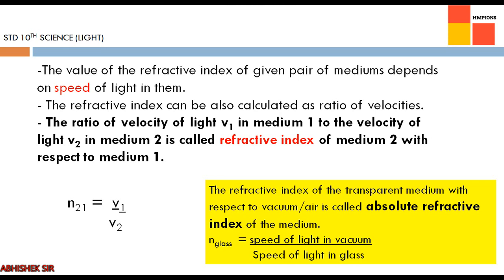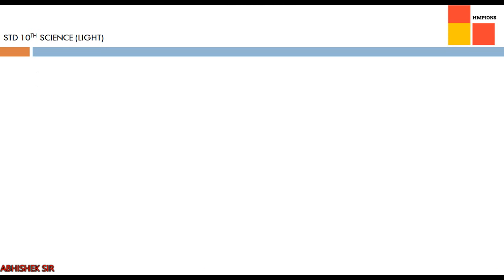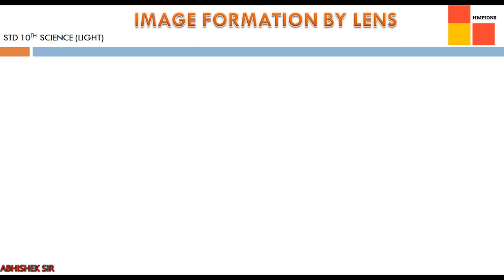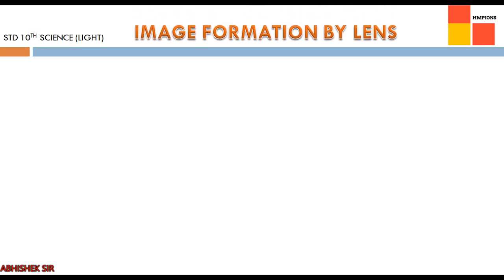So how to find the absolute refractive index of glass? You just have to divide the speed of light in vacuum by the speed of light in glass. That is how you find absolute refractive index. Now moving on to the next topic, that is image formation by lens. But before that, let us study what a lens is and what are the various types of lens.